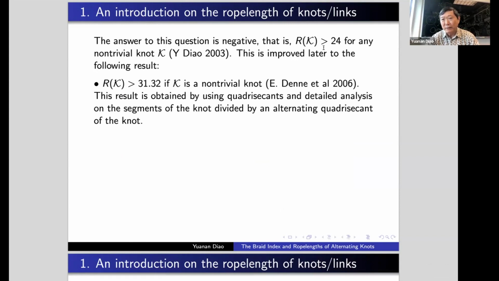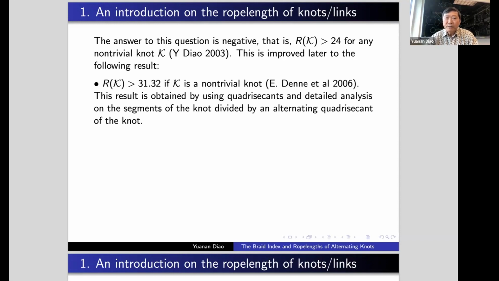In other words, the rope length for any non-trivial knot is at least 24. And later that was improved to at least 31.32. Remember, you saw an upper bound of about 32 point something. So the gap between the two numbers is not that big.